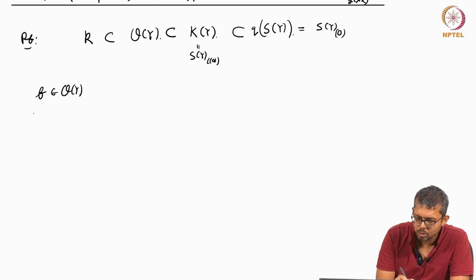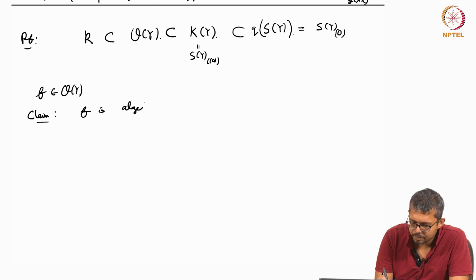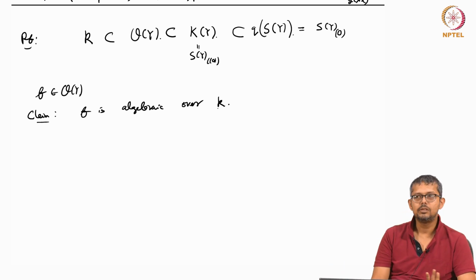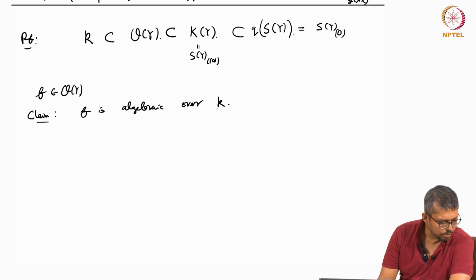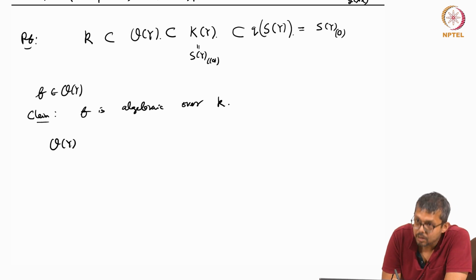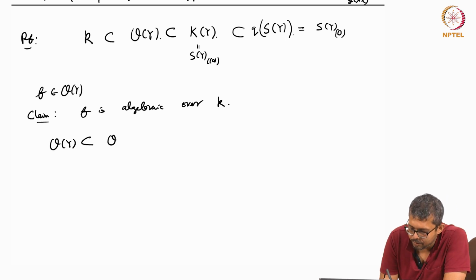So that is the strategy. To show, claim: f is algebraic over K. If I prove this, then I am done. So how do you prove this? First of all, you have this O_Y, and then you have this O_{Y_i}.